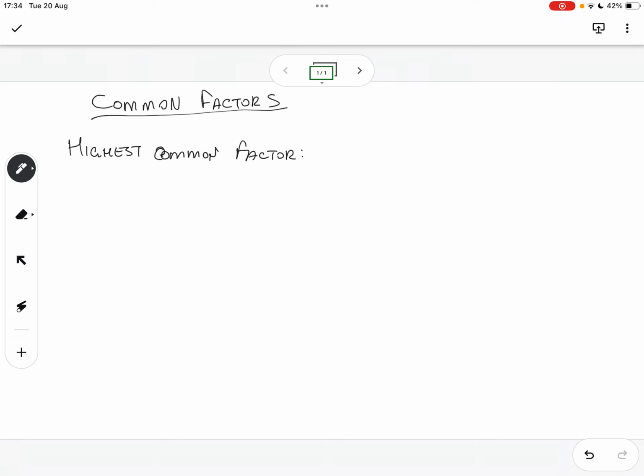We'll go through each of the paragraphs and I'll explain as we carry on. In order to factorize algebraic expressions, we first need to identify common factors. We can write the expression as a product by taking out the common factor.